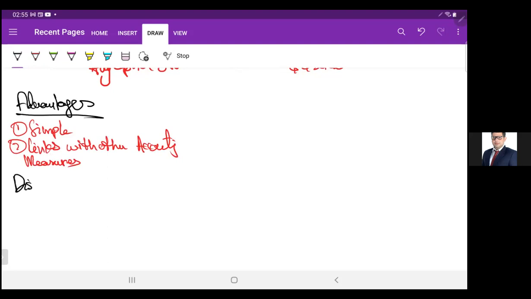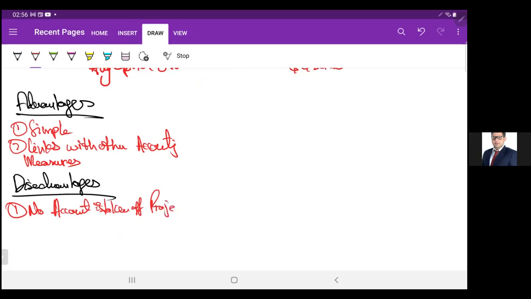Disadvantages. Number one, no account is taken of project life. Two, no account is taken of timing of cash flow.